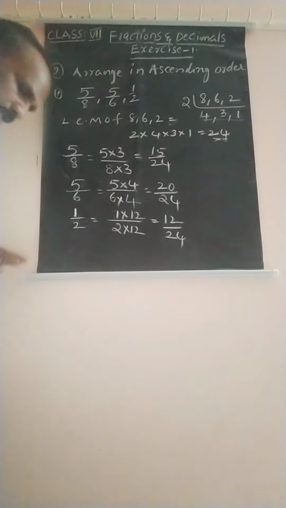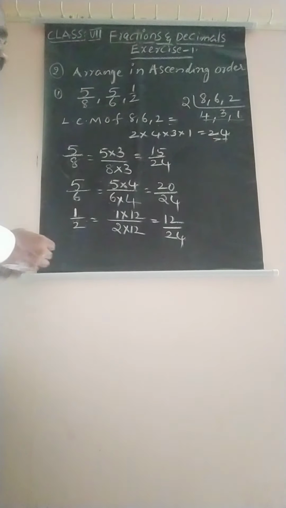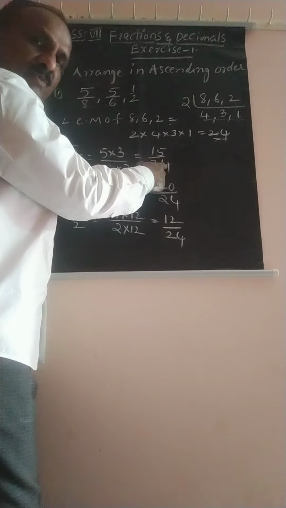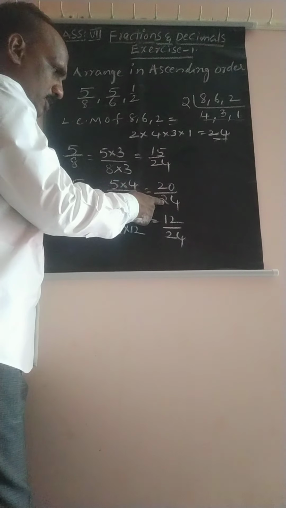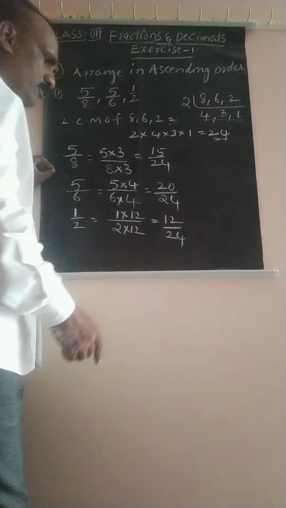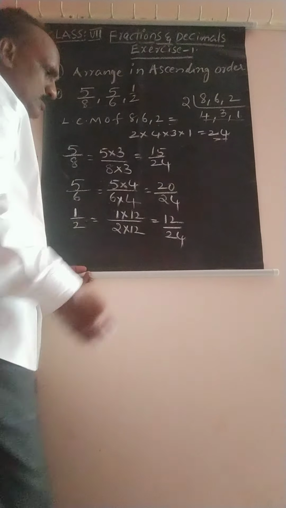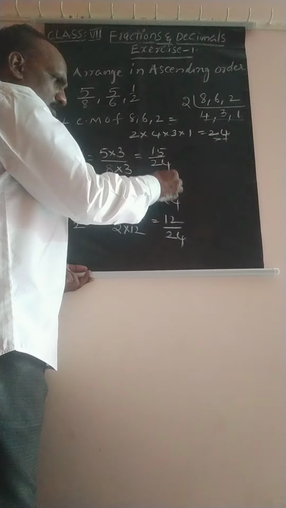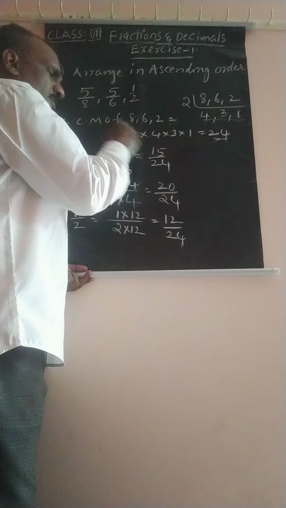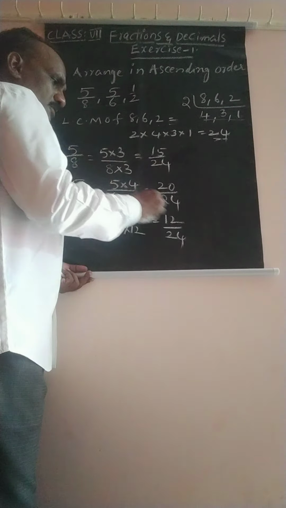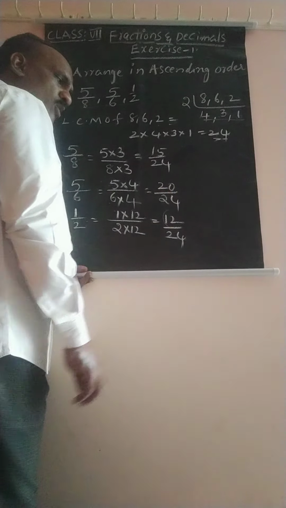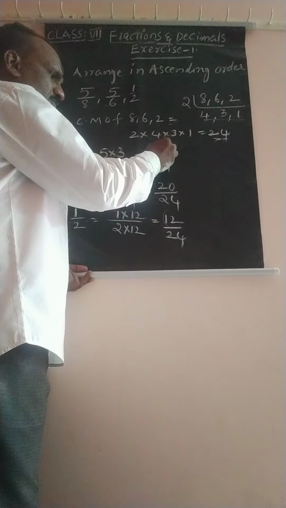Now see here children, what is going on? Here 5 by 8 becomes 15 by 24, 5 by 6 becomes 20 by 24, and 1 by 2 becomes 12 by 24. So which is the small fraction? All denominators are equal, so whichever has the smaller numerator is the smaller fraction. The numerators are 15, 20, 12.